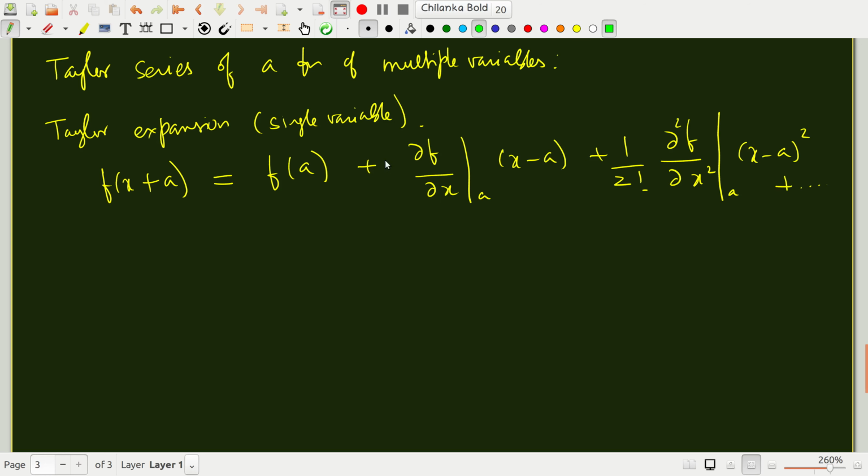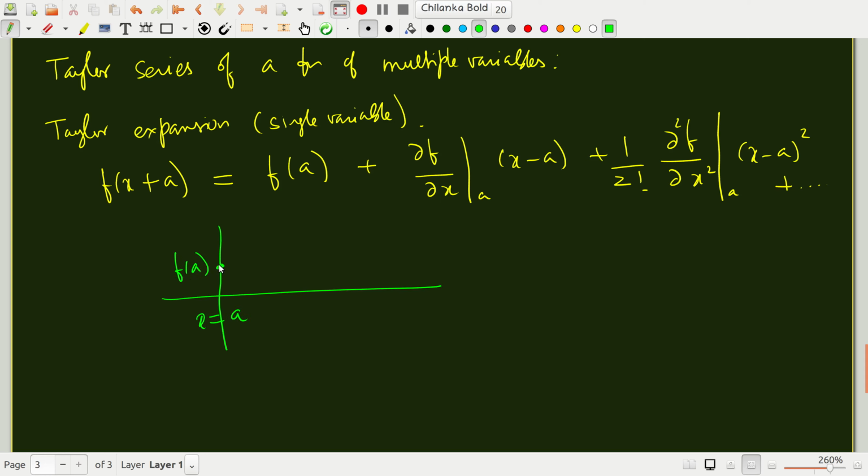Okay, what is the idea of a Taylor series? The idea of the Taylor series is as follows. Suppose you want to know the value of the function about its value at x equal to a. Let's say this is x equal to a. Here the value of the function is f of a.